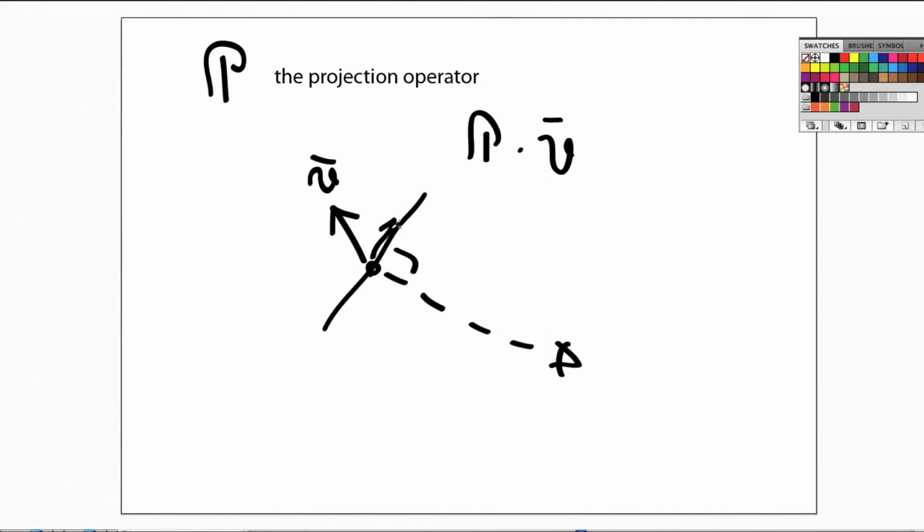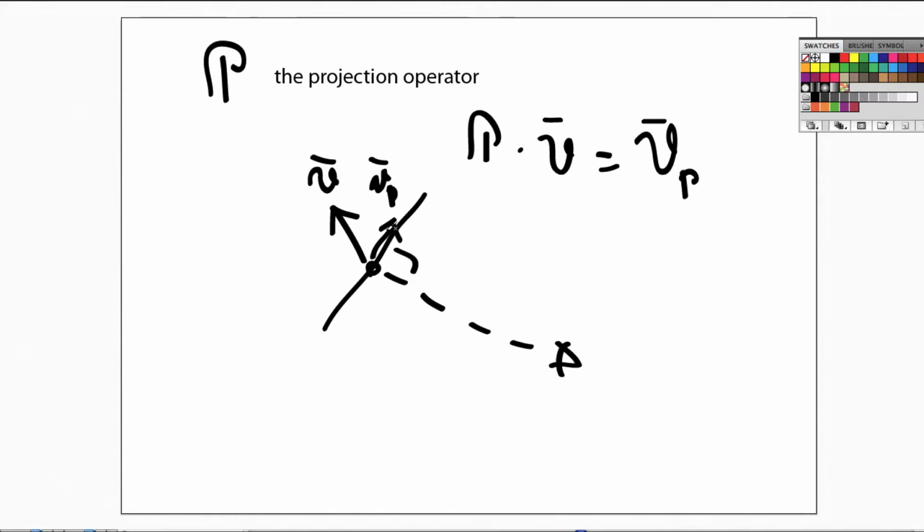And in our case, that projection is in the plane of sky of the observer here, and we will call this Vp, which is the velocity in the plane of sky. So this is Vp. Okay. All right.